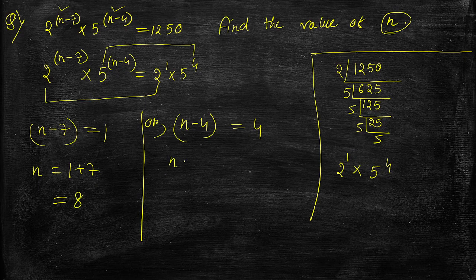From here n equals 4 plus 4, because this 4 will come here and this is minus 4, so it will be here as a positive 4. So n equals 8. You can do either of them, that means only one you require. No need to do the two equations, only one you can do, and the answer will be the same, as you can see.